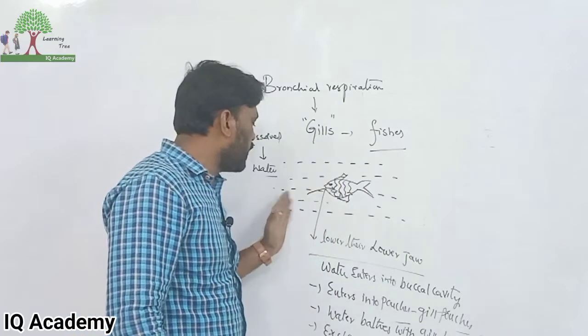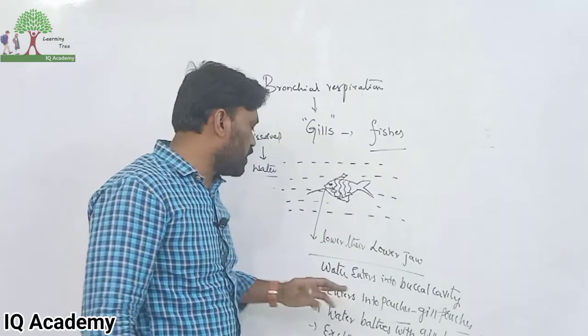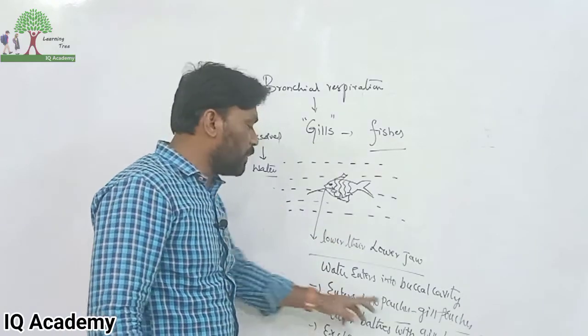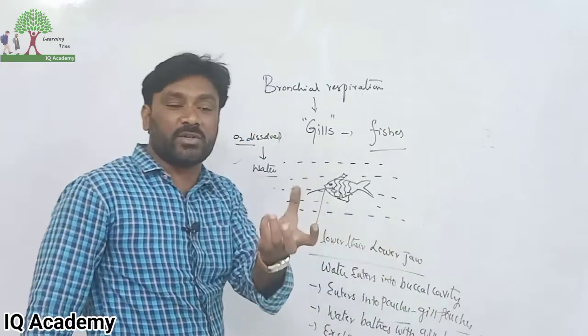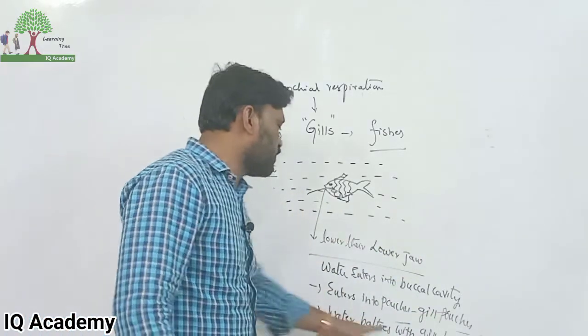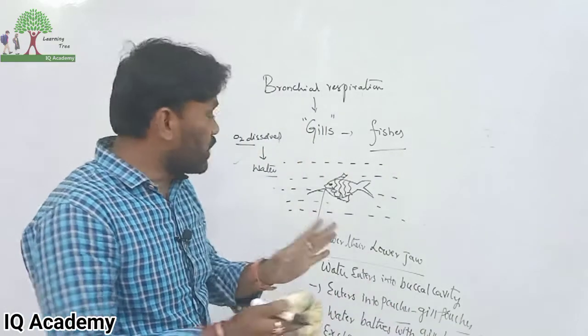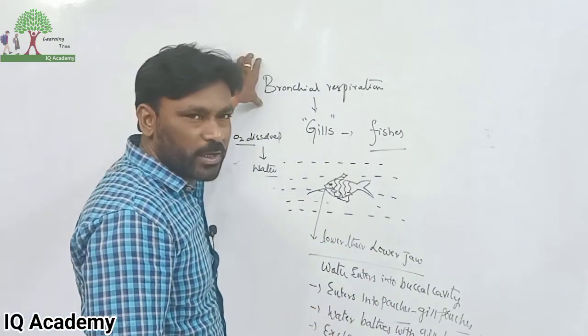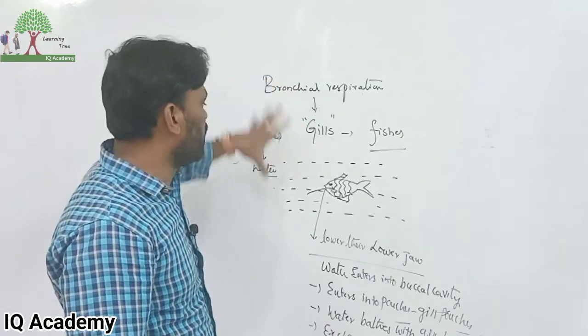At that time, water enters into the buccal cavity, and then into the pouches present in the gills called gill pouches, a sac-like structure. The water bathes the gill lamellae, and exchange of gases takes place. This type of respiration is called branchial respiration.